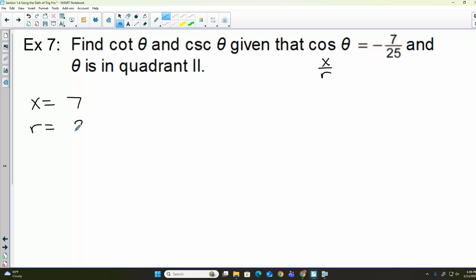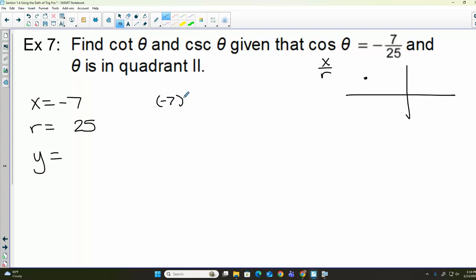Which one gets the negative? 7, because r can't be negative. Other thing, if you think about in quadrant 2, the x is always negative, going backwards. Okay, so we would need to find y. Will y be positive or negative? Positive, because in the second quadrant, you're going up, y is positive.